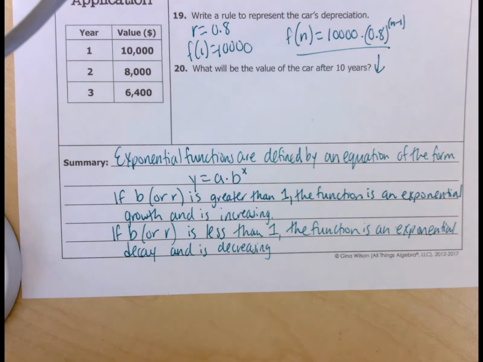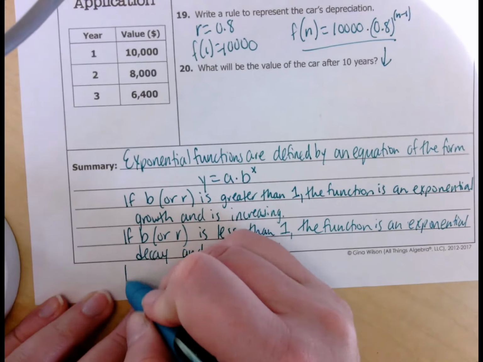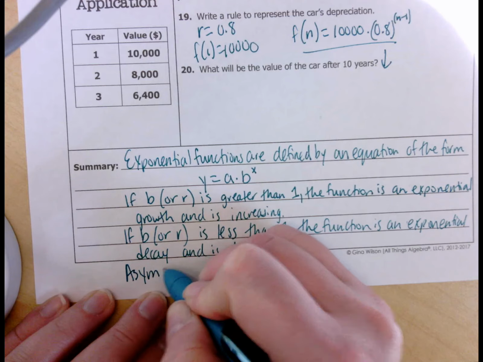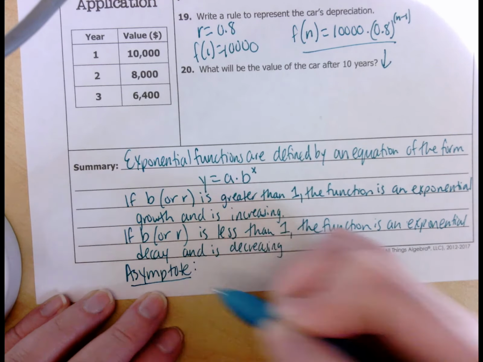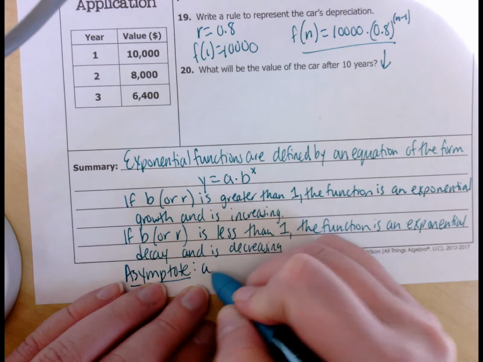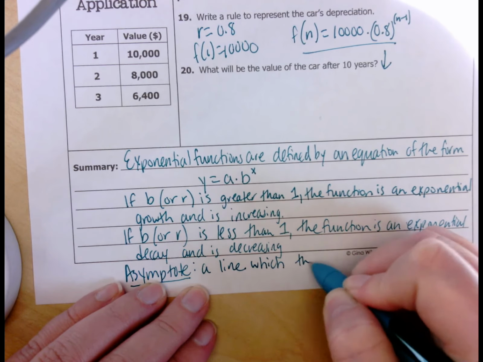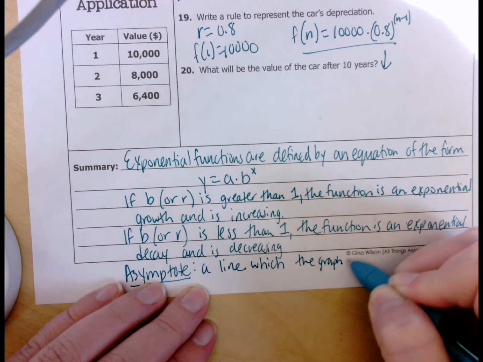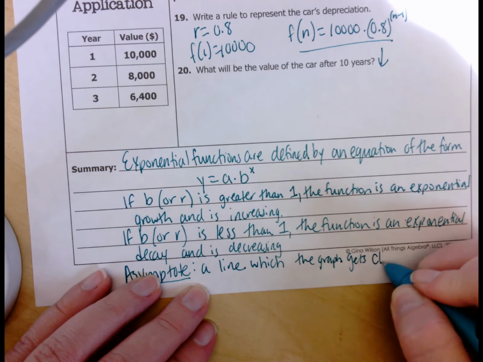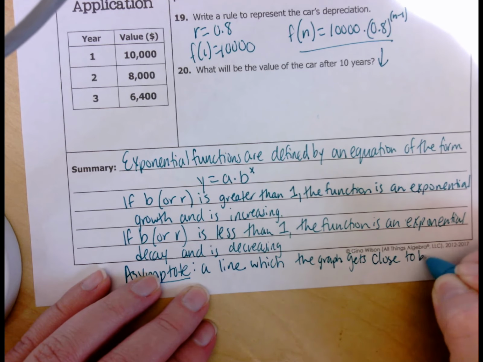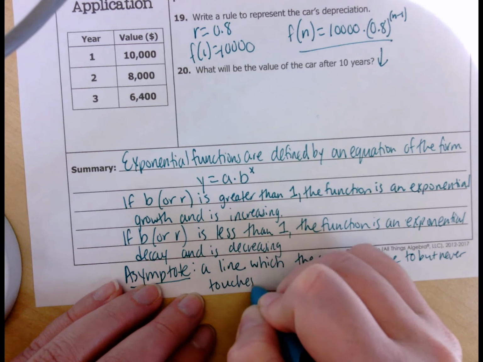Okay. And the last definition that we need here is that an exponential function has what we call an asymptote. It's an odd little word, kind of difficult to say. Okay, but all that it means is that there is a line which the graph gets infinitely close to, but it never touches or crosses.